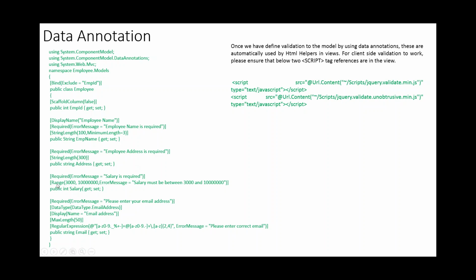Here there is range validation, data type validation for the email address, display, required error message, max length, and then a regular expression. You give some expression that represents an email ID. Regular expressions are a different concept: you have a set of strings and you want to validate whether all the strings follow some pattern or not, so you use regular expressions to match.